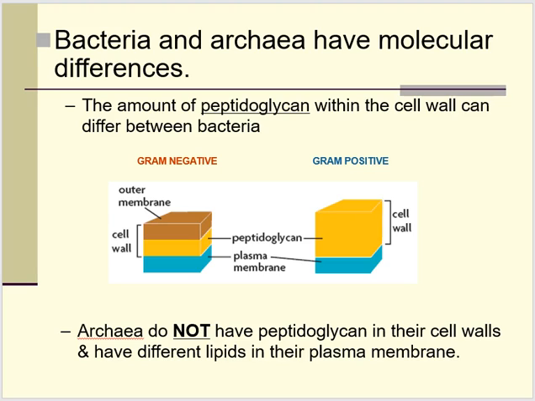They have differences. We know this one. This is one of our main identifying differences. Which one has peptidoglycan? Eubacteria. Archaebacteria don't. That's a big, major difference between the two domains and the two kingdoms. All right. This is how we determine what type of bacteria you're looking at.